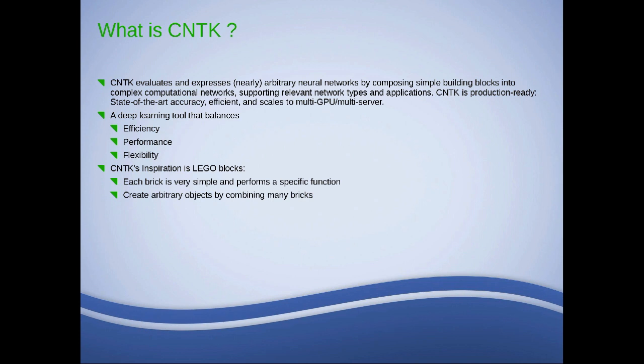CNTK evaluates and expresses nearly arbitrary neural networks by composing simple building blocks into complex computational networks, supporting relevant network types and applications. CNTK is production-ready, state-of-the-art accuracy, efficient, and scales to multi-GPU or multi-server.